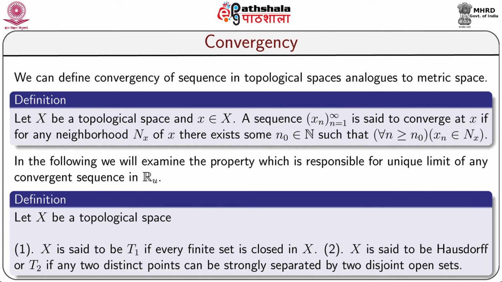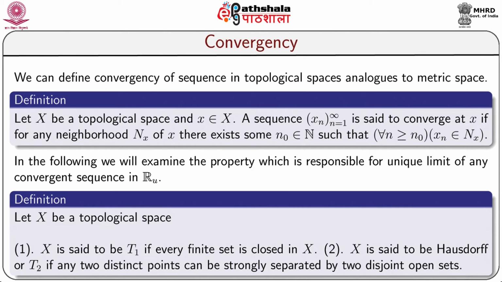We have seen in elementary real analysis that a sequence converges to only one limit point, if at all it converges. Whether it also holds in an arbitrary topological space or not, we will examine.